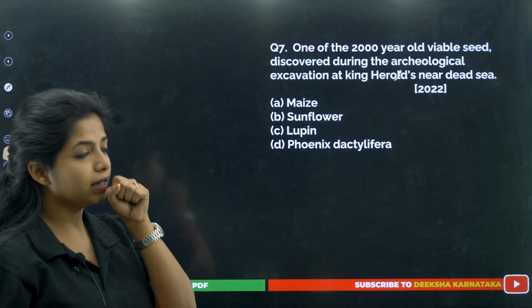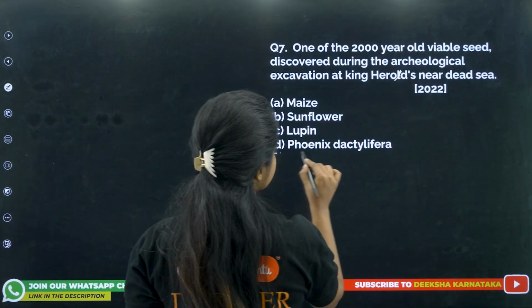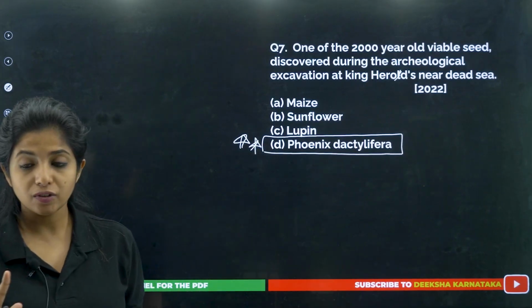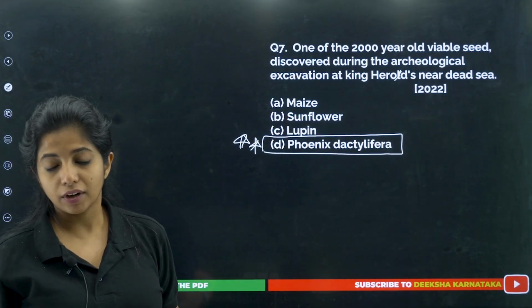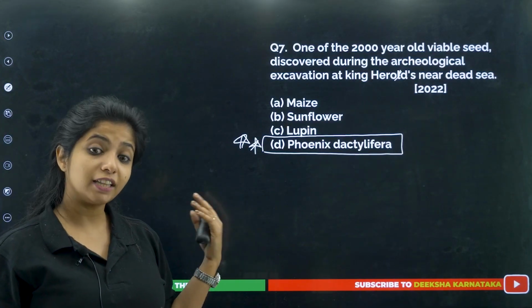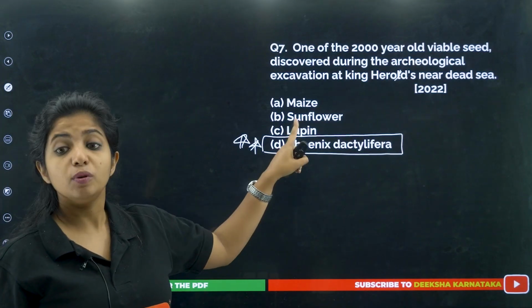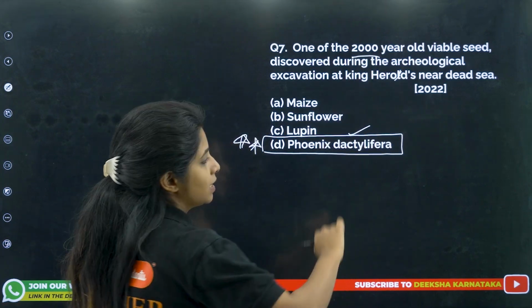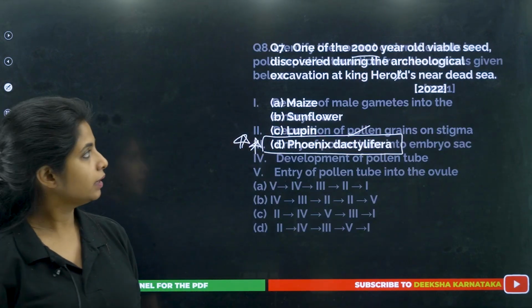Any guesses? It is known as Phoenix dactylifera. This is important. Whenever 2000 comes, just understand it is Phoenix dactylifera. If the question comes for 10,000 and the Arctic region, it will be Lupinus. That is something else. So 2000 always for Phoenix dactylifera. Next question.